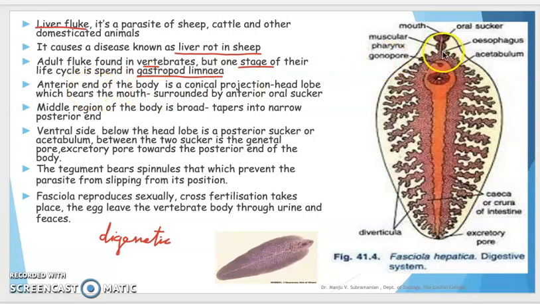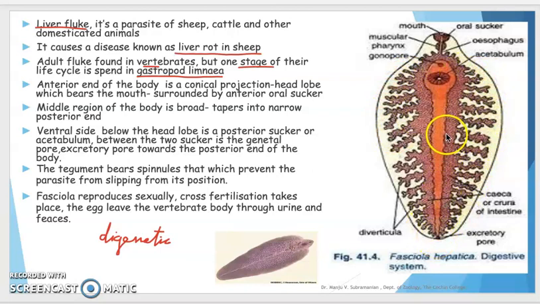Then at the anterior end of the body you can see a conical projection, called the head lobe, which bears the mouth and is surrounded by the anterior oral sucker. Then the middle region of the body is broad and it tapers towards the posterior end.